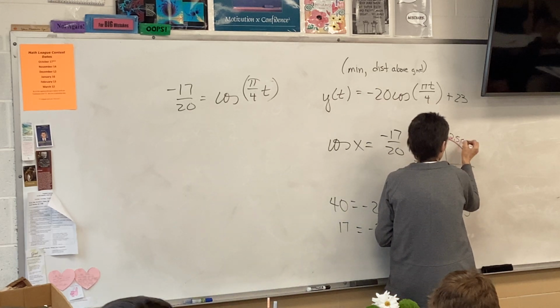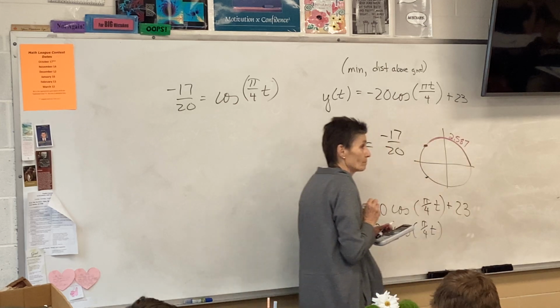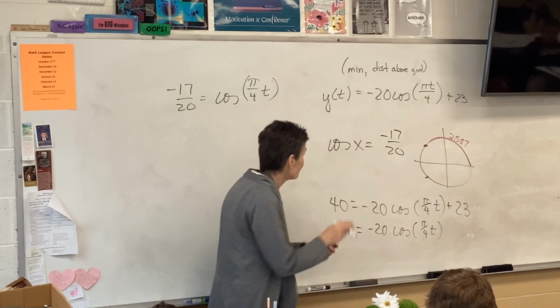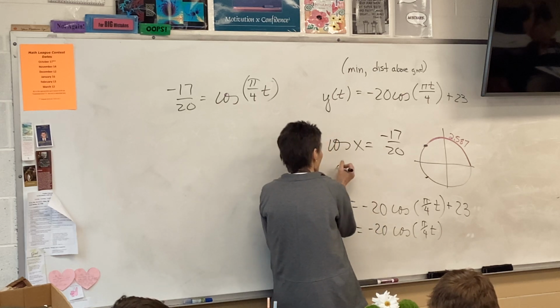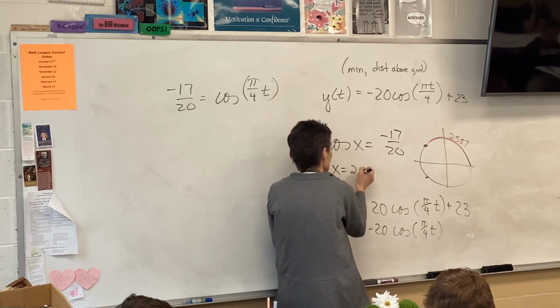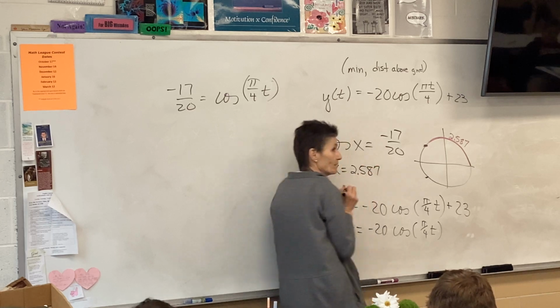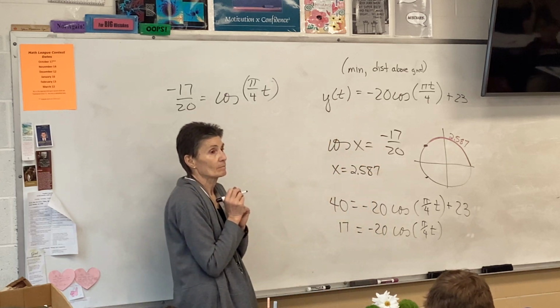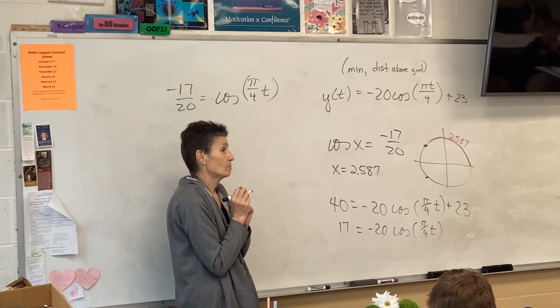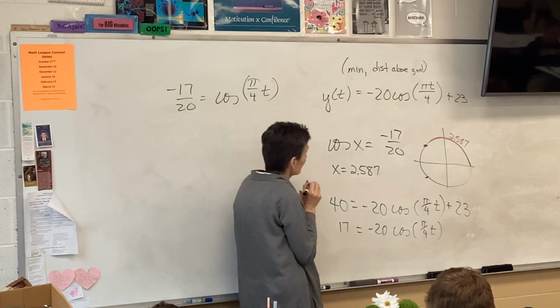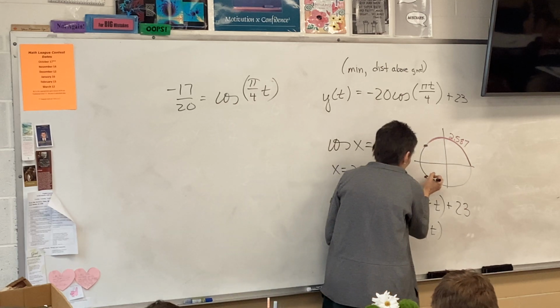Is that what you got? So one of my x values would be 2.587. Okay? Now, what's this one going to be?